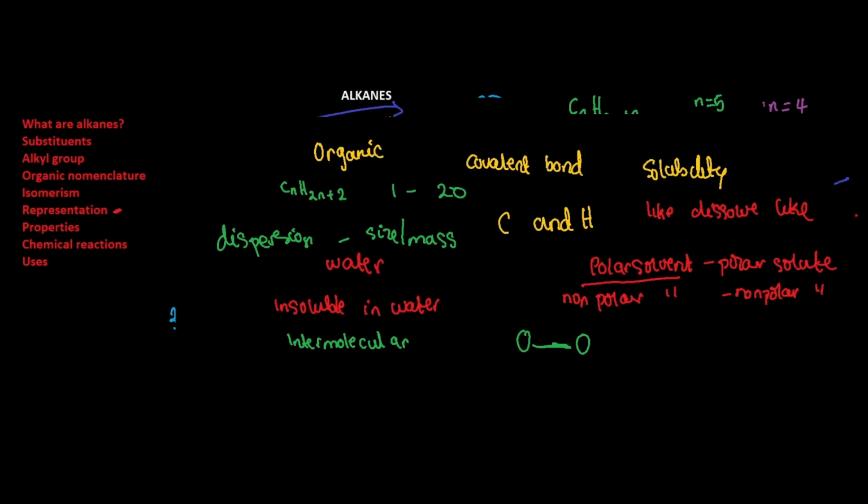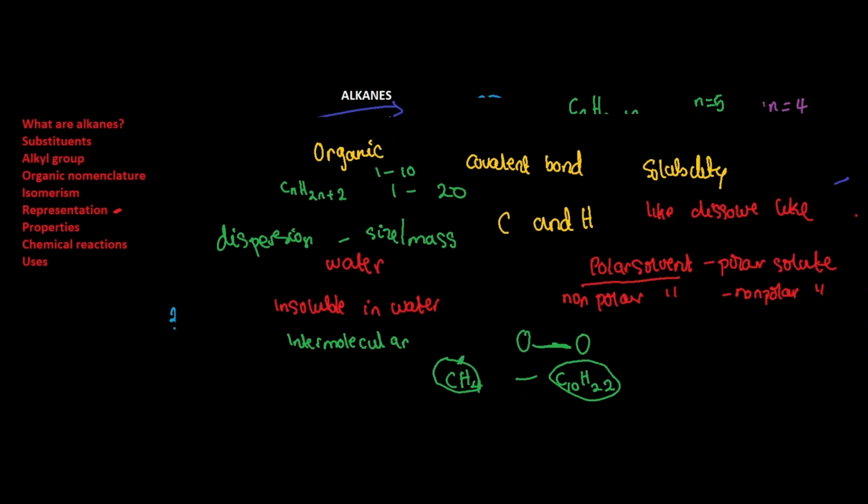So going from 1 to, say, 20, or let's take a smaller value, from 1 to 10, methane being CH4 to C10H22. This has a lower mass as compared to this.